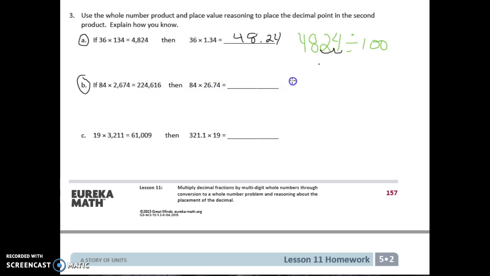So if we have 224,616, and if we divide that now by 100, because we figure they must have multiplied before, now let's do the opposite, shall we? So if we're dividing by 100, we're losing that place value and that place value.